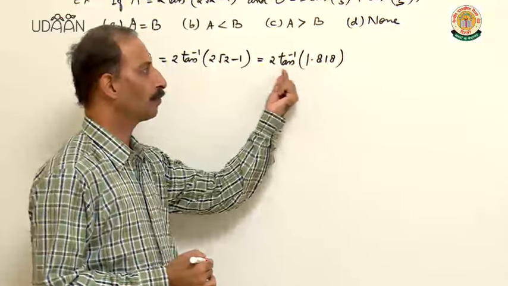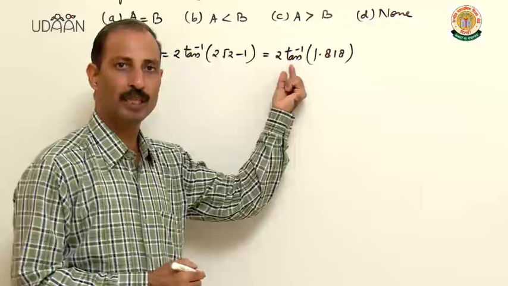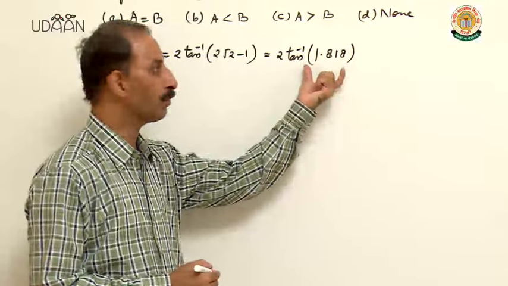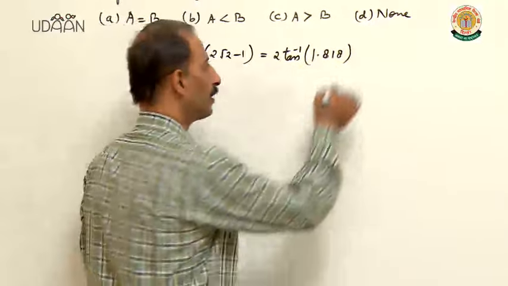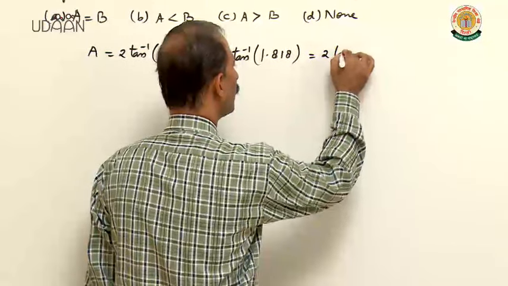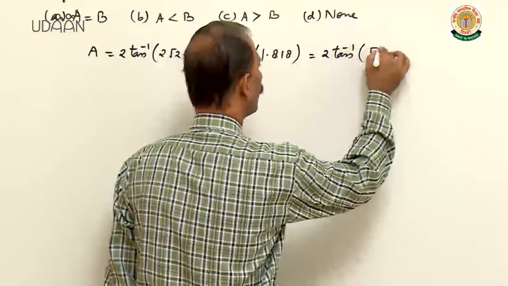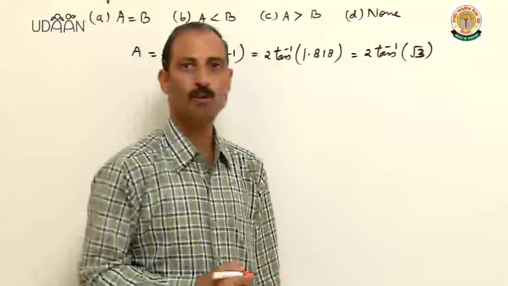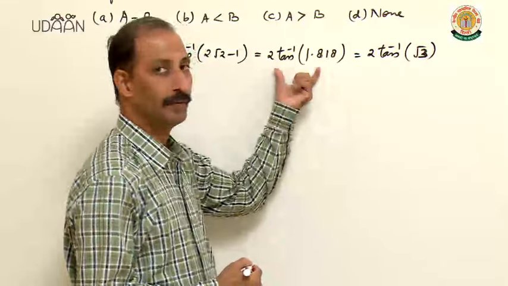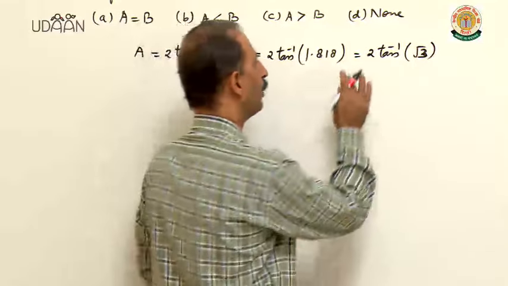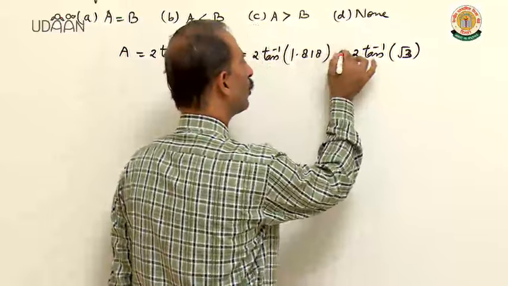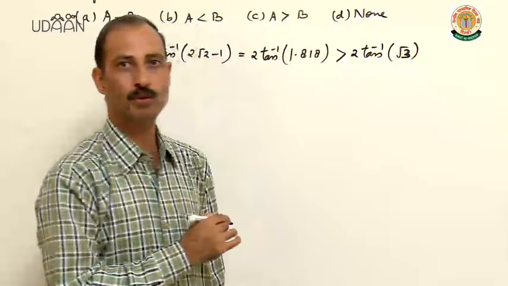Now you know children, what is the value of root 3? 1.7. So this value is greater than root 3. So I can say this value is greater than 2 times tan inverse root 3.